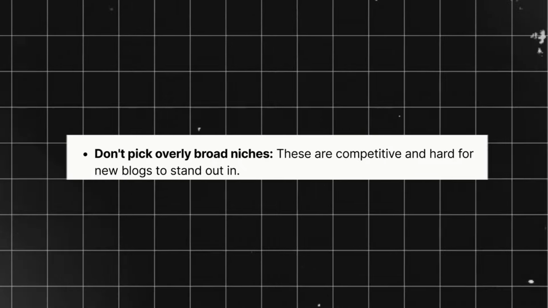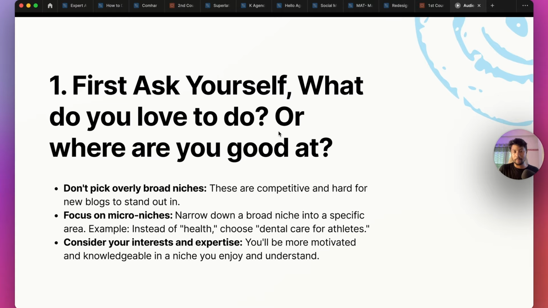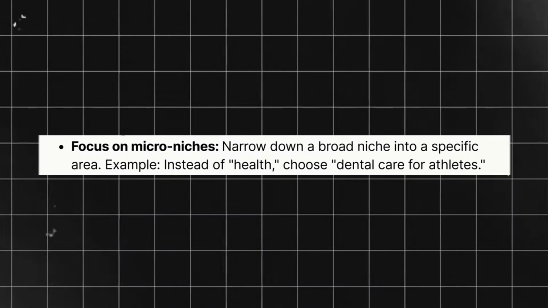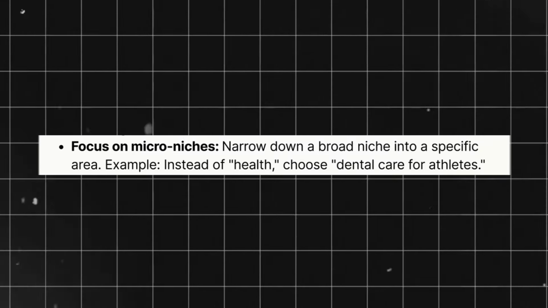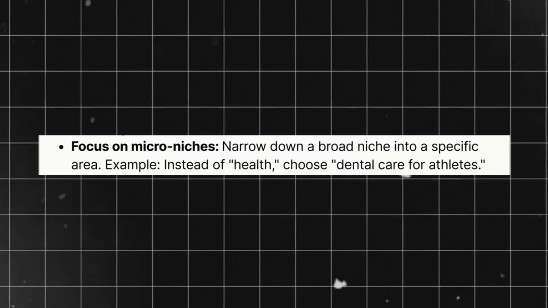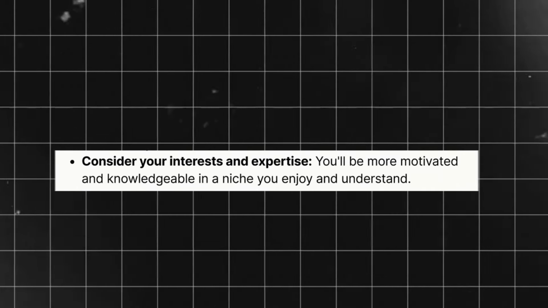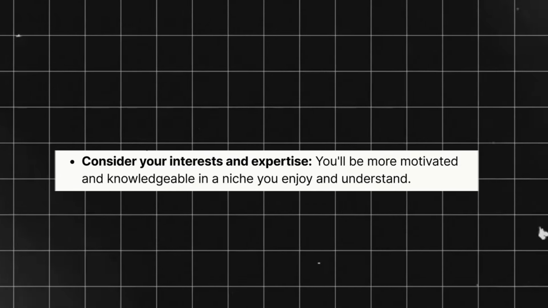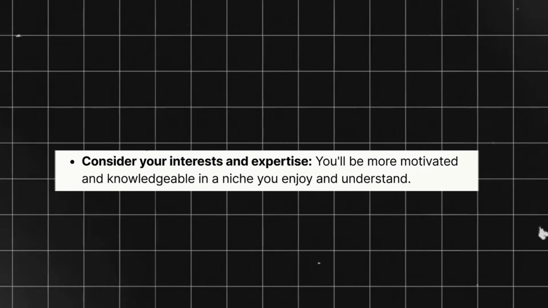These are competitive and hard for a new blog to stand out in. So don't pick this type of niche. Focus on micro niches. Narrow down a broad niche into a specific area. For example, instead of health, choose dental care for athletes, something like this, and consider your interest and expertise. You'll be more motivated and knowledgeable in a niche you enjoy and understand.